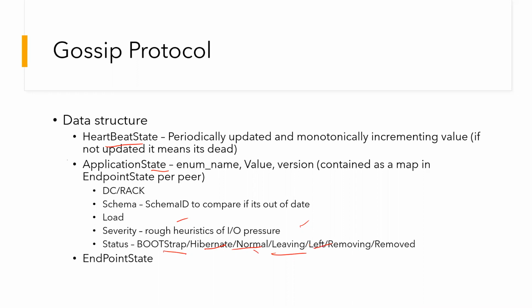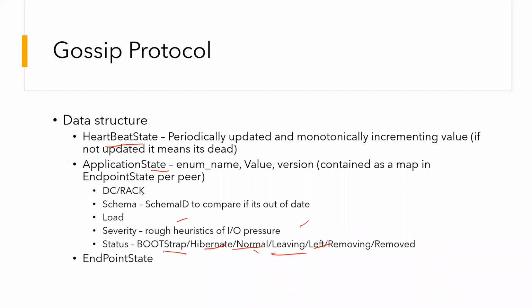These are self-explanatory, but that status gives the gossip the information that, okay, this particular node is leaving, so the request cannot be served by that node. So that whole state information will be served in the gossip protocol.